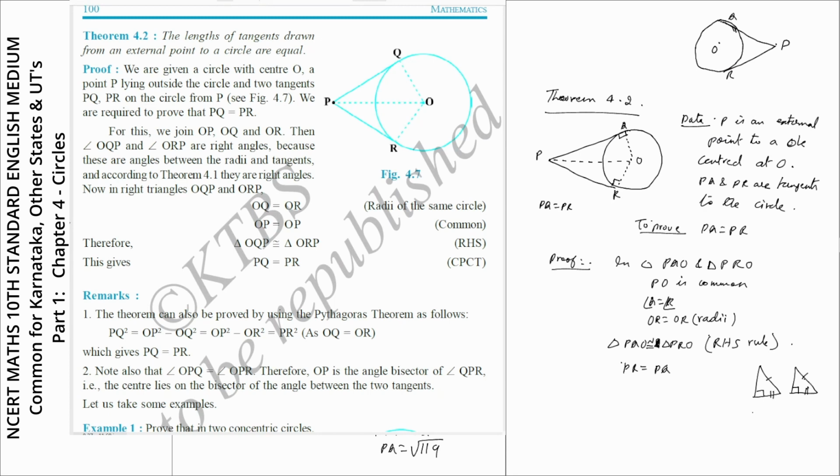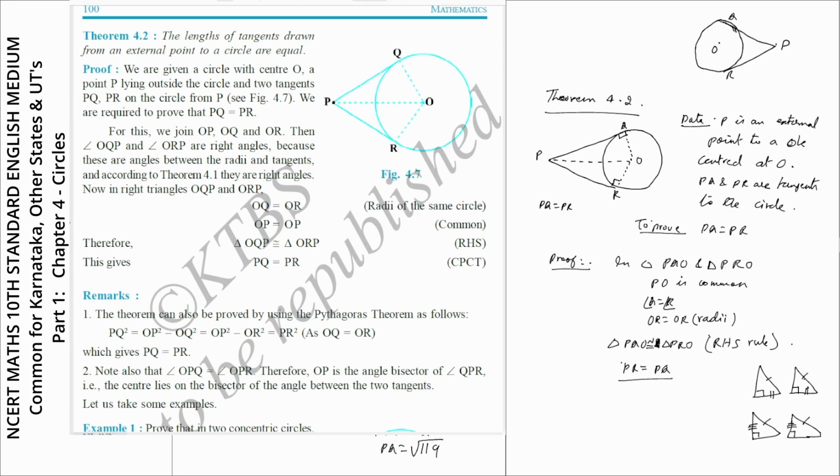It can also be like this: two right angled triangles, if hypotenuse is equal, and if these two sides are equal, then also these two triangles are congruent. So applying the same logic here, according to RHS rule, these two triangles are congruent. Therefore the remaining corresponding sides will be equal, and remaining corresponding angles also will be equal. We are concerned with the side only. So side PR is equal to side PQ, and that proves the theorem.